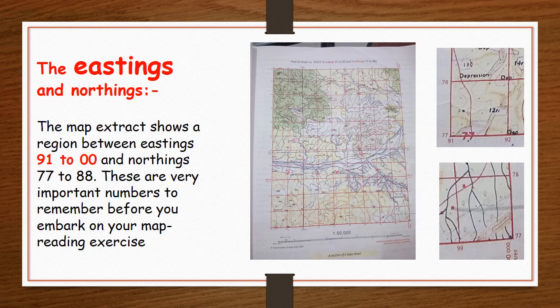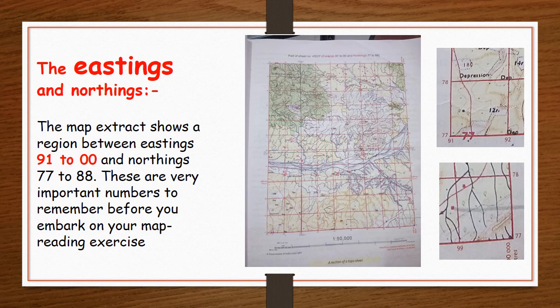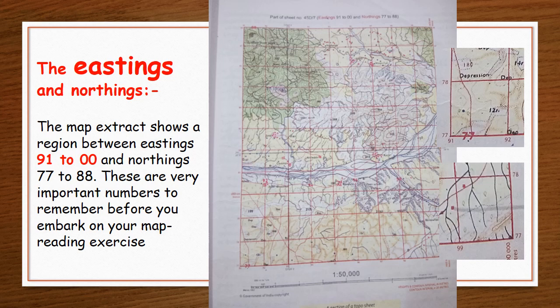Now, as I have already told you about the eastings and the northings, they are always given numerical values. Eastings go from left to right, or west to east, with increasing numerical values, and northings go from bottom upwards. So this map extract shows a region between eastings, that is 91. Here, if you can see, this is the 91, right?